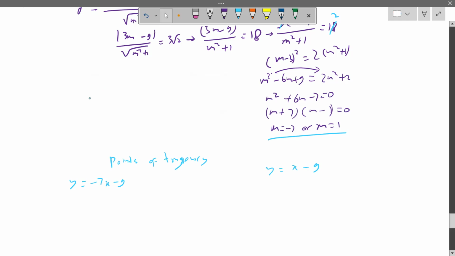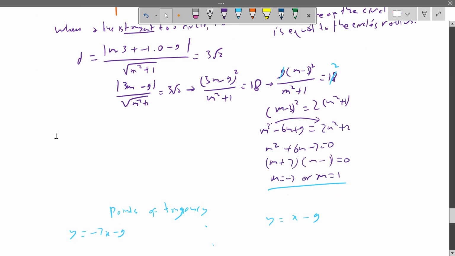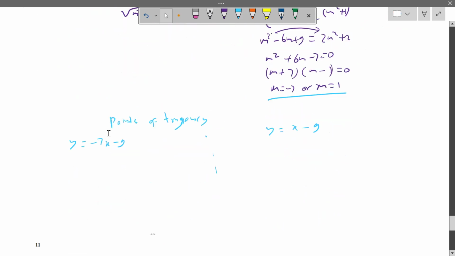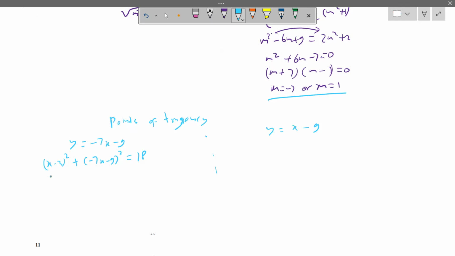Now, to find the points of tangency, you substitute this into the equation of the circle. So (x minus 3) squared plus (-7x minus 9) squared equals 18. And then this one is identical. And I'm going to do the algebraic part because it's easy.